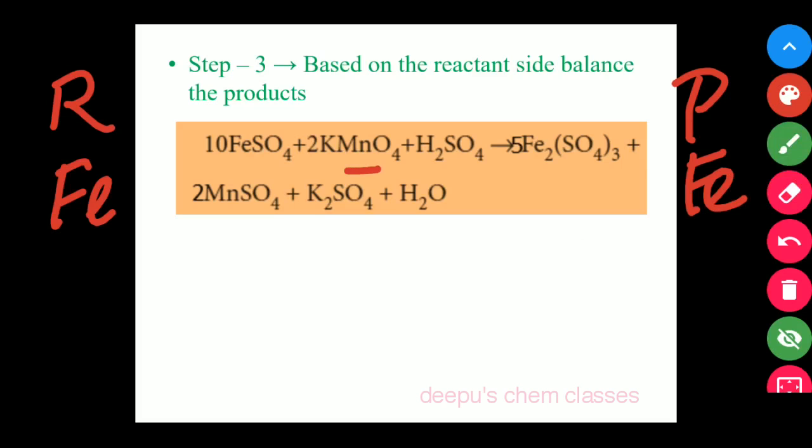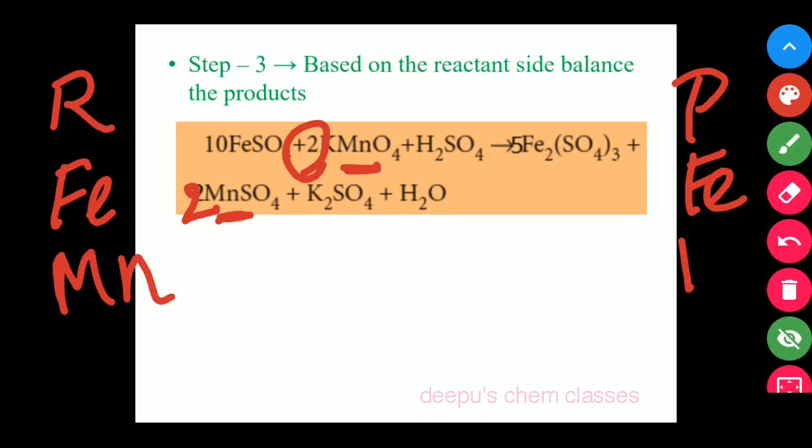Manganese. We have 2 manganese atoms on the reactant side, but we have only 1 manganese on the product side. So if we put 2 before MnSO4, now manganese is also balanced on the reactant side as well as the product side.